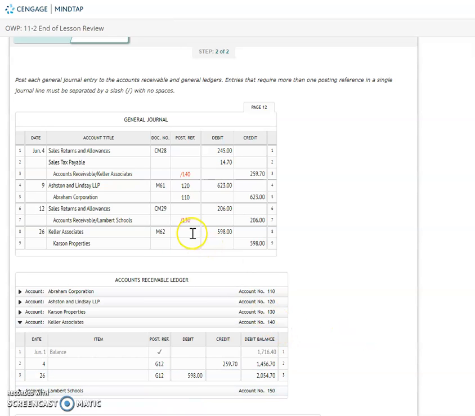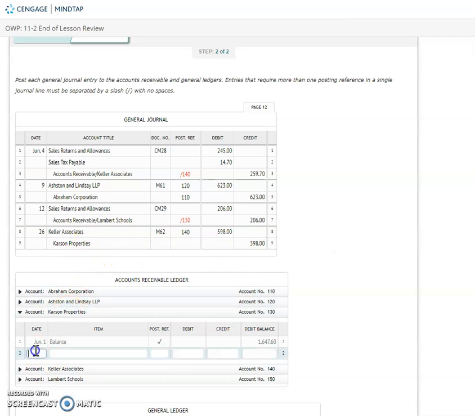My account 140 will go back up. And last one in my accounts receivable ledger is Carson Properties, the 26th, G12, and I have a credit of 598. I'm going to be subtracting. My new balance is 1,049.6. 130 goes back up.